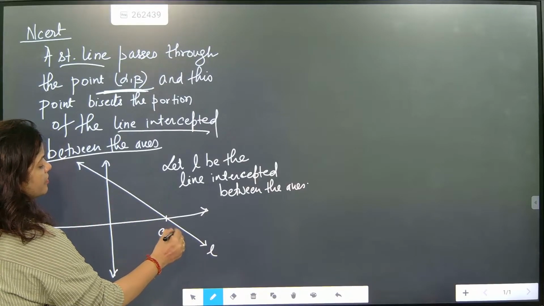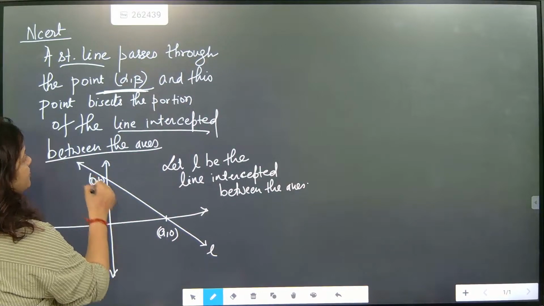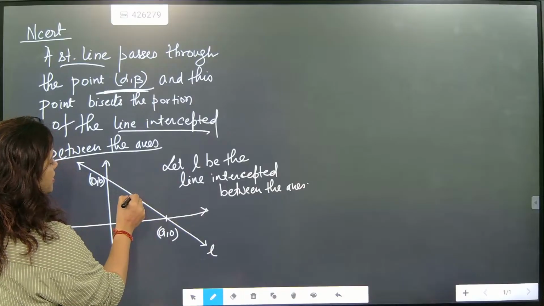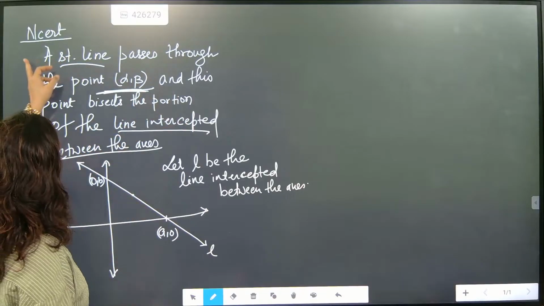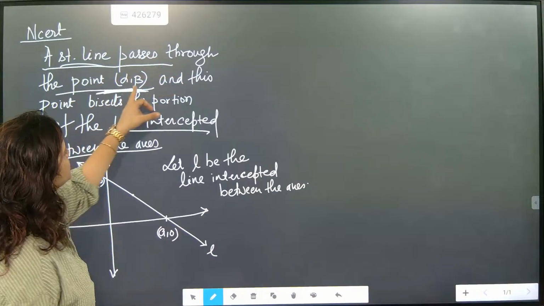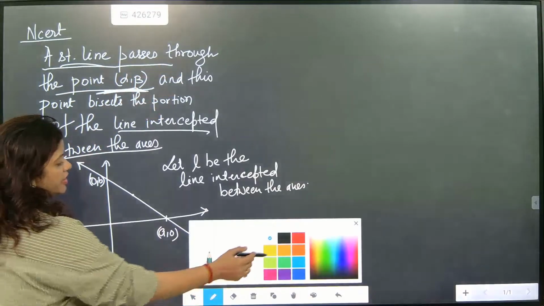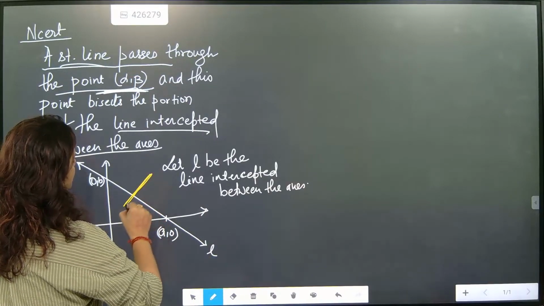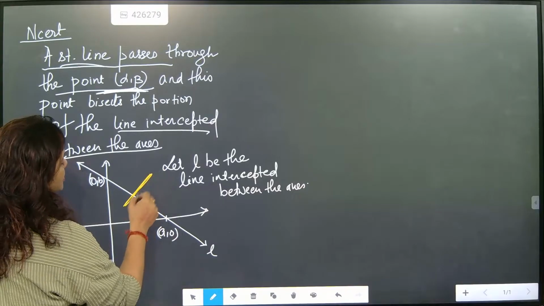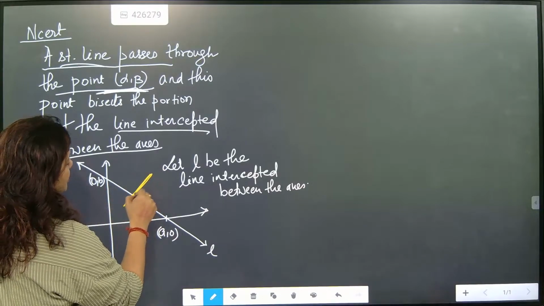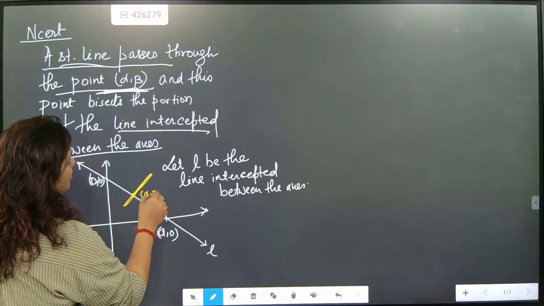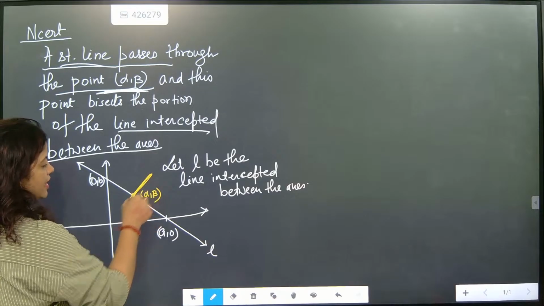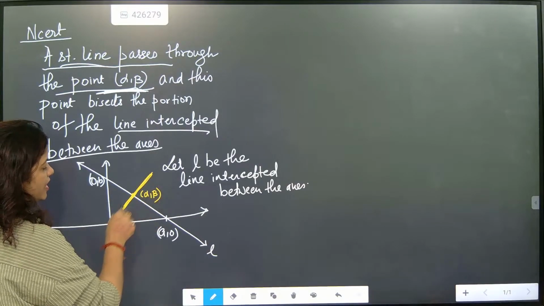So this line will have intercept points A comma 0 and 0 comma B. But what they are telling is that in this line one point is there, so a straight line passes through this point alpha comma beta. We are going to draw this straight line.